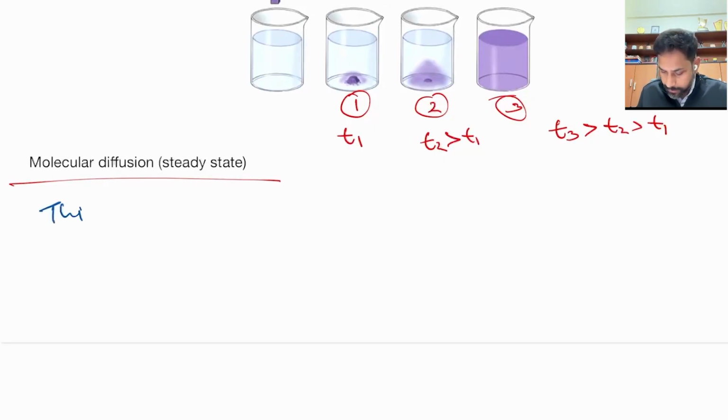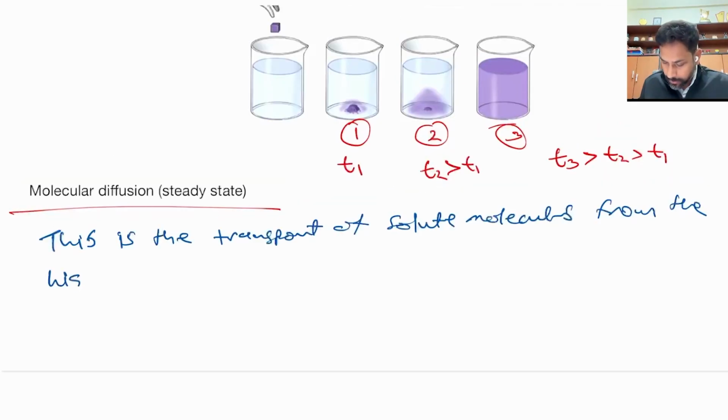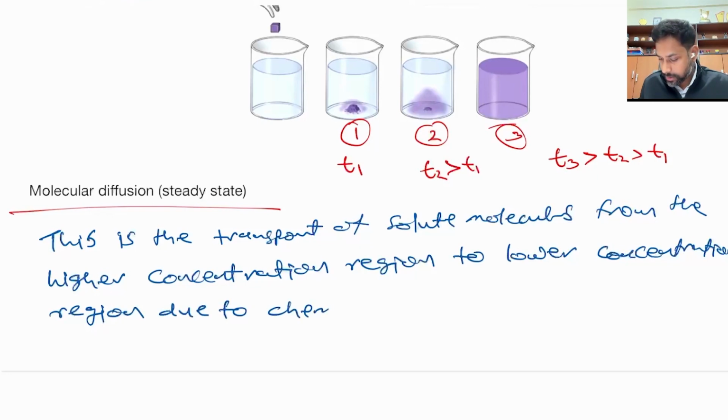This is transport of solute molecules from the higher concentration region to the lower concentration region due to chemical potential.